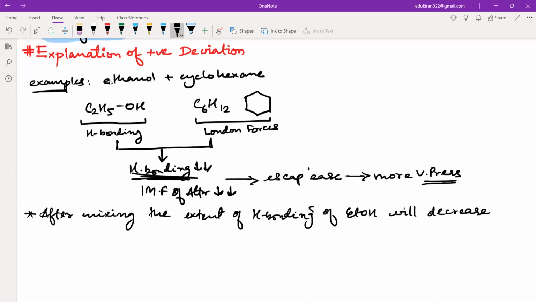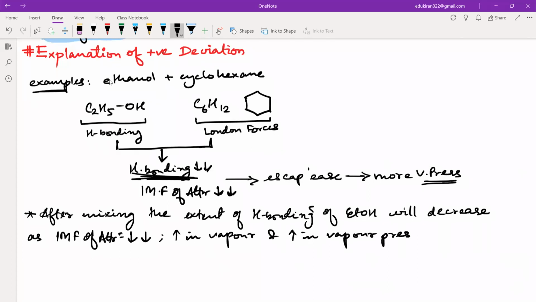It will decrease, and as intermolecular force of attraction decreases, what is going to happen? As intermolecular force of attraction decreases, there will be an increase in vapor and an increase in vapor pressure.